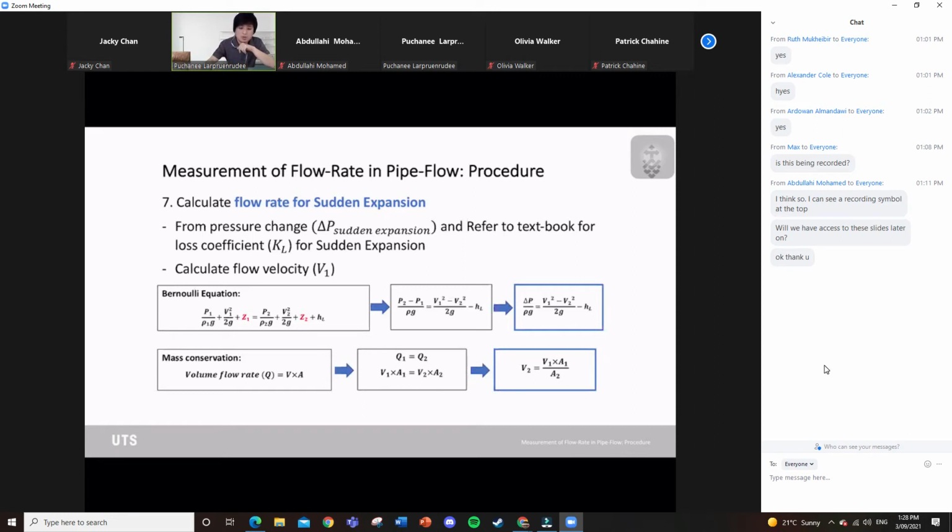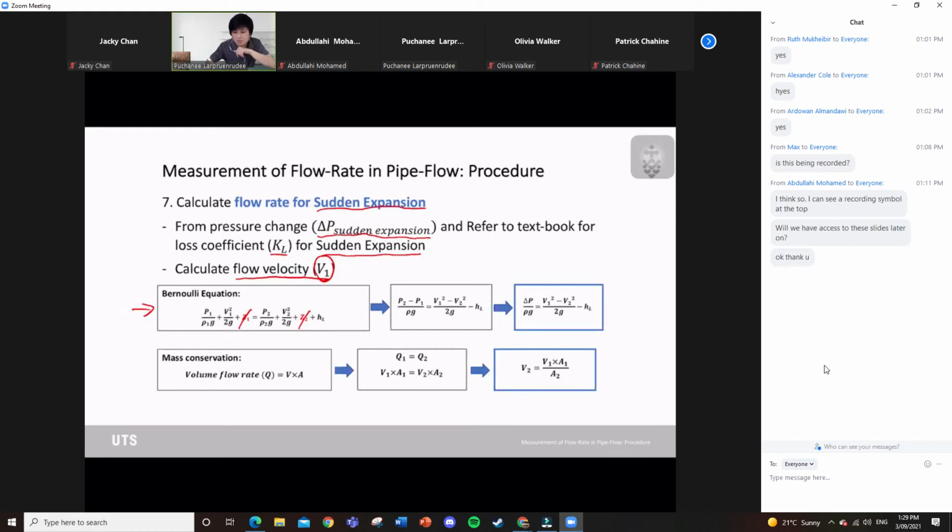So the flow rate for the sudden expansion: from the pressure change that you get from the data sheet and refer to the textbook for the loss coefficient KL for the sudden expansion. You need to calculate the flow velocity V1. Again, we need to apply the Bernoulli equation here, and we can cancel out Z1 and Z2, same elevation.